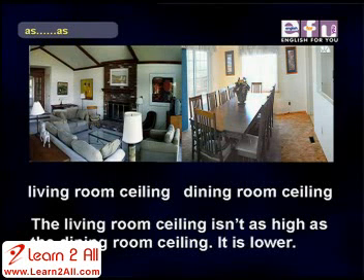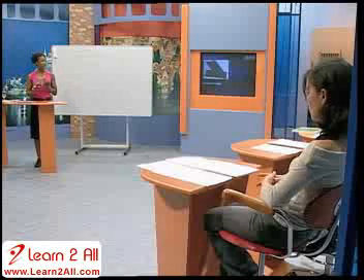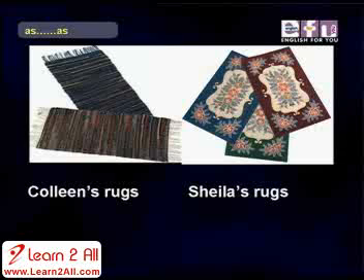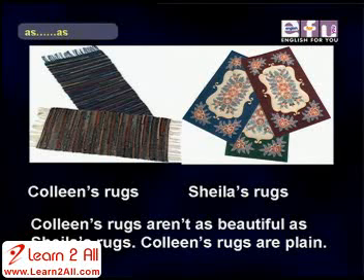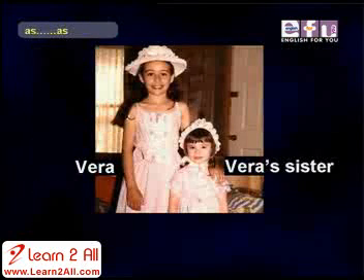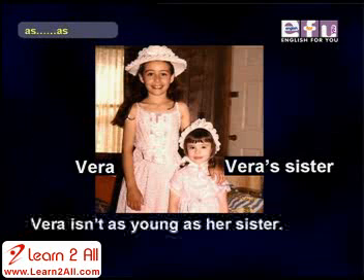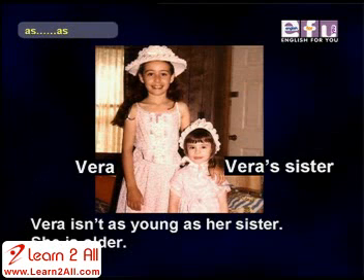It is lower. Now look at Colleen's rugs and Sheila's rugs. Colleen's rugs aren't as beautiful as Sheila's rugs. Colleen's rugs are plain. Now Vera and Vera's sister. Vera isn't as young as her sister. She is older.